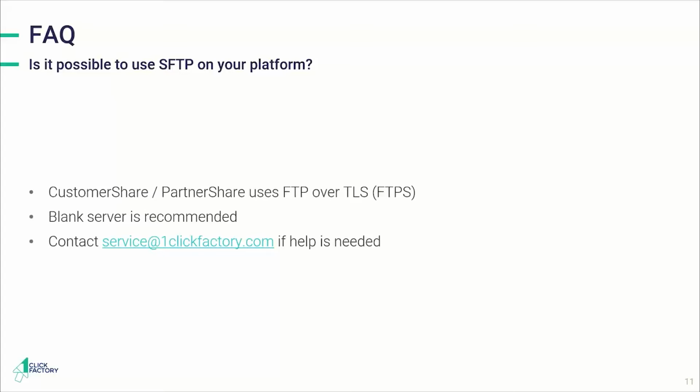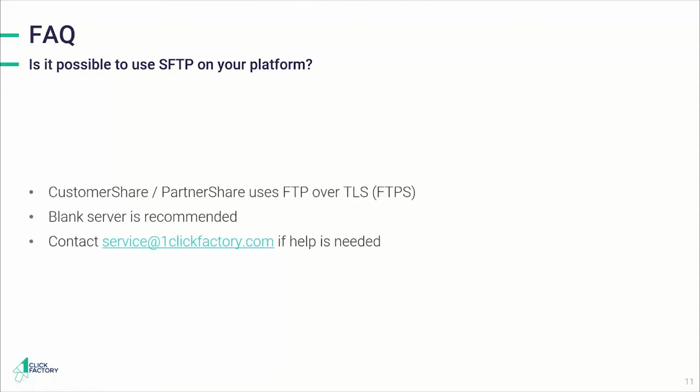But if you need it and it's not possible to do anything with FTPS, then you can order a blank server and install your SFTP software on that blank server. The blank servers are backed up, so the files that you have on that server would be backed up. Basically, just install your SFTP on the blank server.